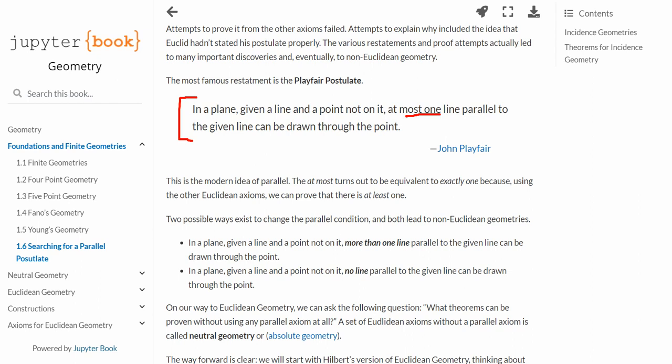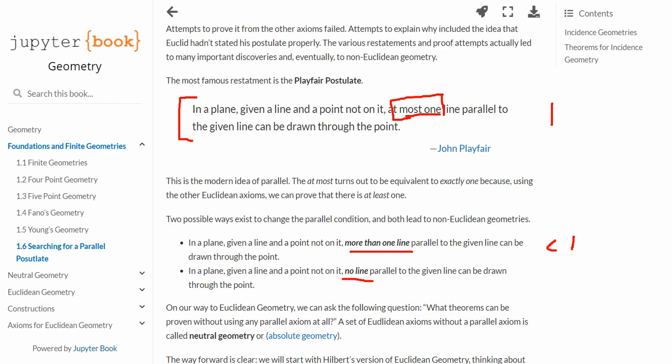And so there are two possible ways to change this, right? If I have more than one parallel line to a given line, that would not be a Euclidean parallel condition. Another non-Euclidean parallel condition is that there's no parallel line. So there are ways to change the number of lines that are parallel. If I have exactly one, that is Euclidean. If I have more than one, that's hyperbolic.